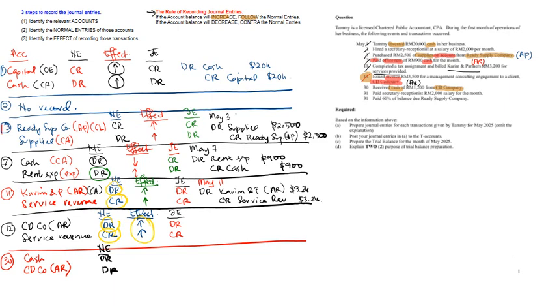As for the effect, your cash will increase because you receive the money. As for your CD company, because they paid already to your business, the balance will be reduced. So we will follow the recording rule. Anything that will increase, we follow.